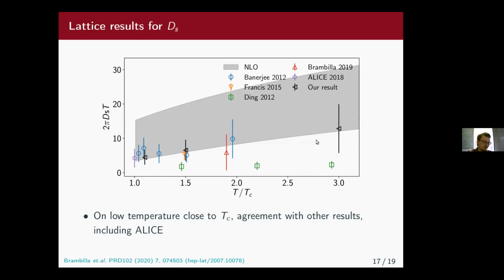But everything else here, well, all the other lattice data here is from multi-level, and we agree very well, especially with the finest or the most precise Francis data, which stated a very precise measurement at 1.5 Tc. And we also agree with the ALICE results from 2018.